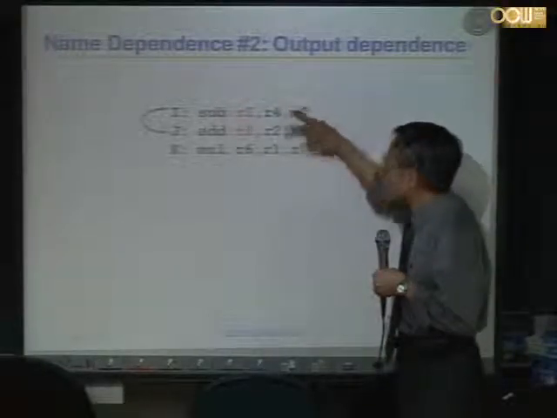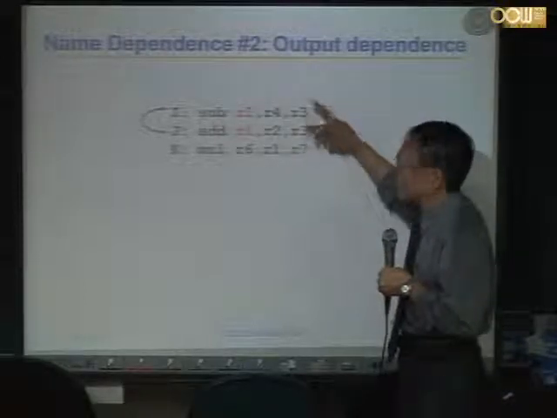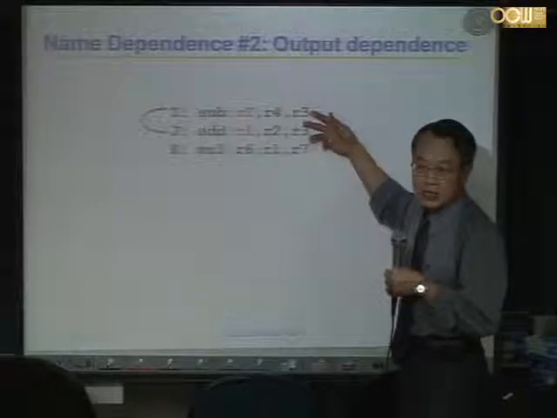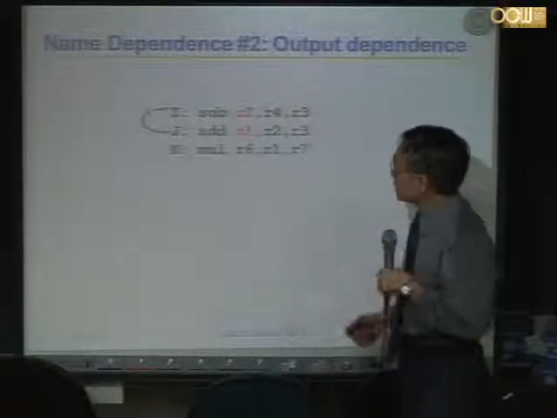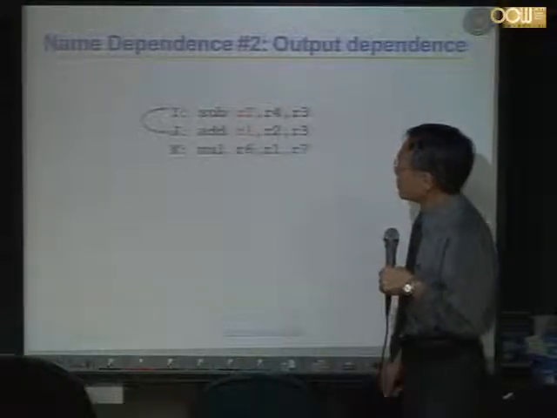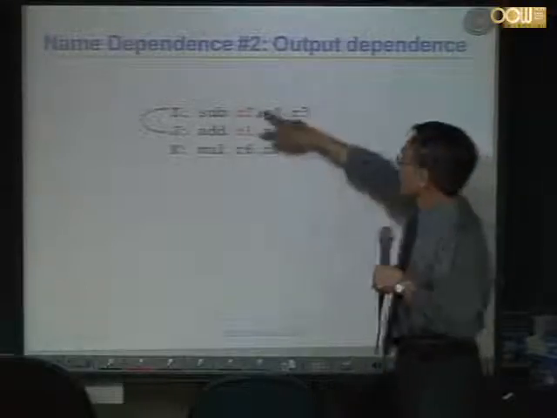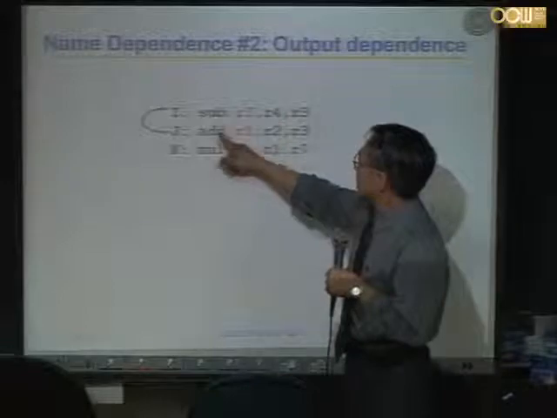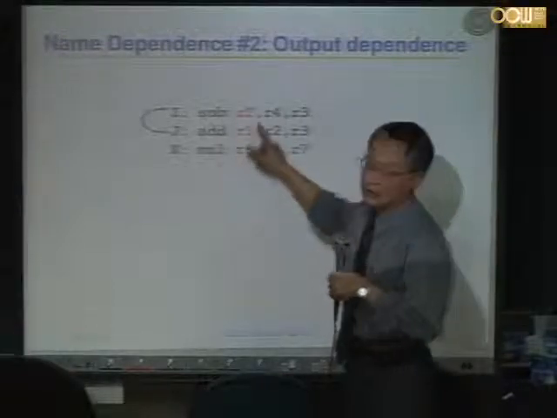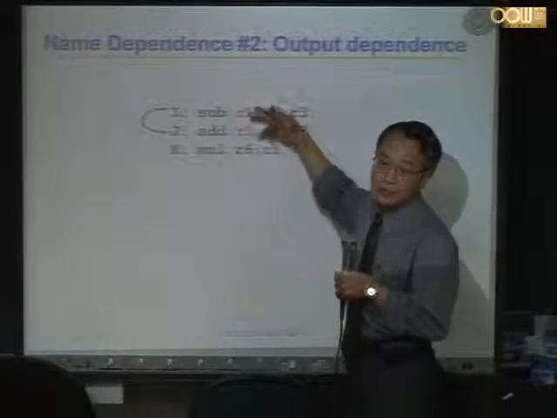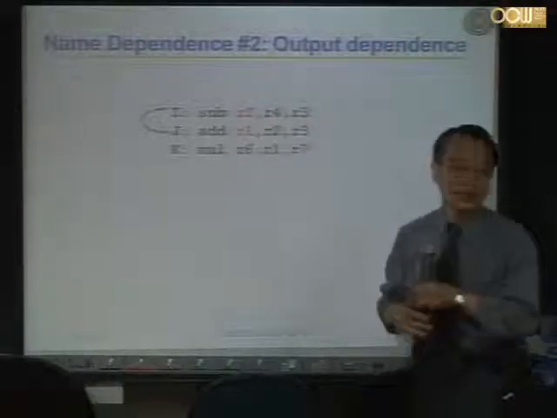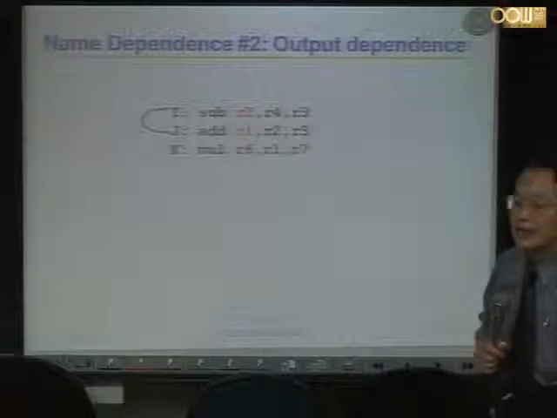Because the execution can be arbitrary. Okay? So there might be competition. So why let them compete with each other? Why don't you let add use another hotel room such that there will be no dependence at all between these two instructions? Okay.